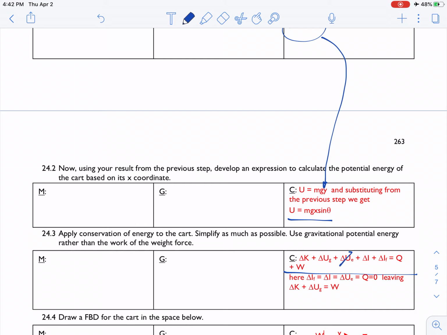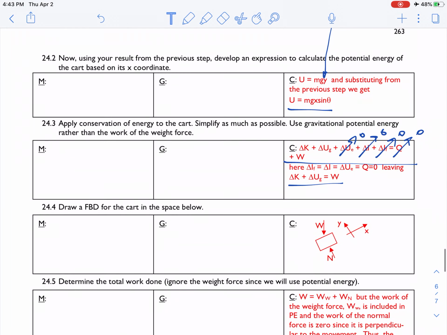We're keeping those. There's no spring, so delta UE is 0. Delta I is 0 because there's no temperature or pressure changes, and there's also no friction to change the temperature, so that goes to 0 too. And there's no heat transfer. So we then end up with delta K plus delta UG equals the work done, as usual. Okay, so we do simplify it first.